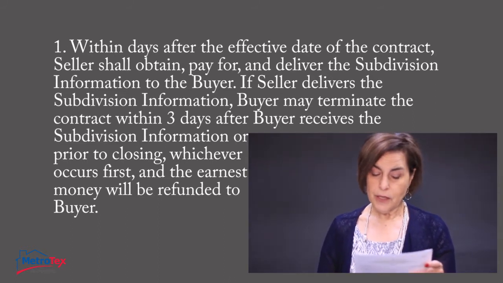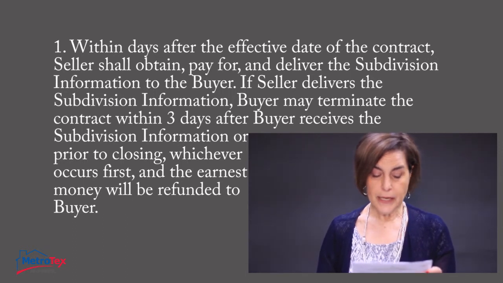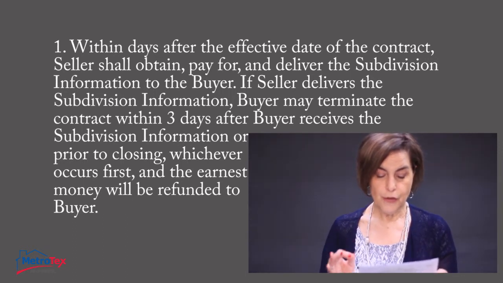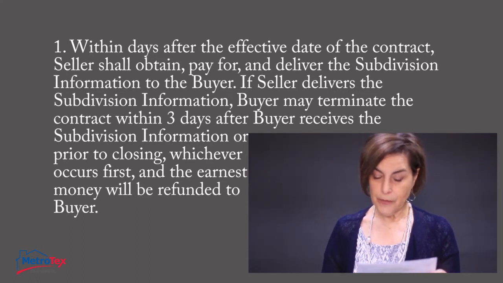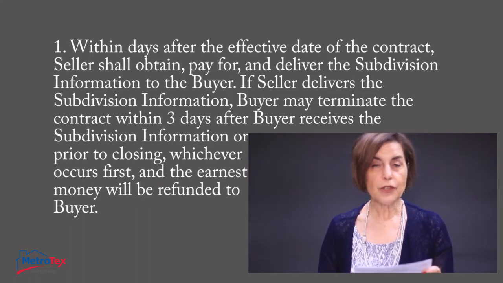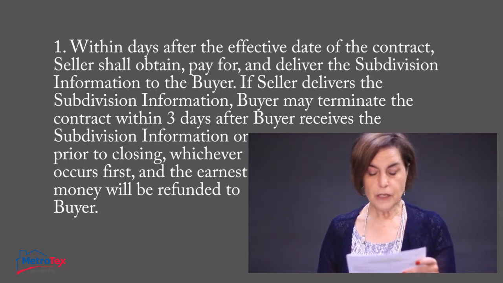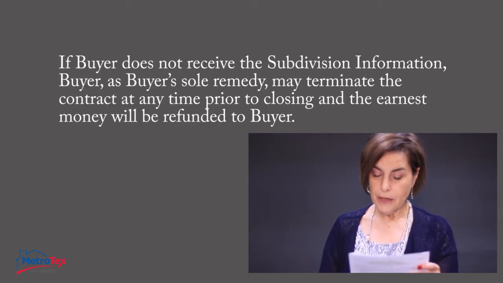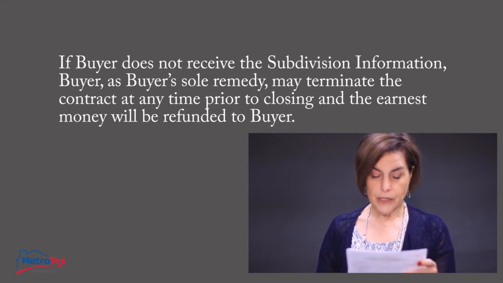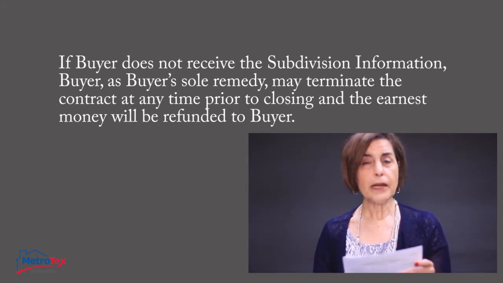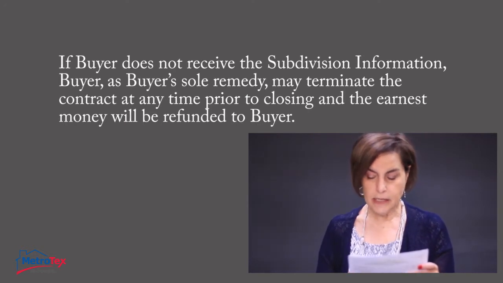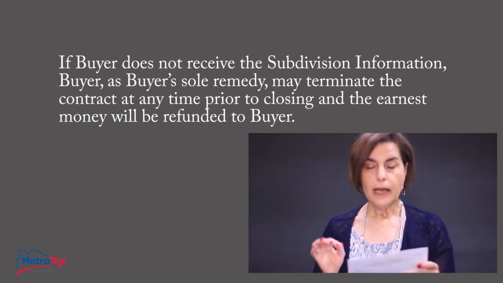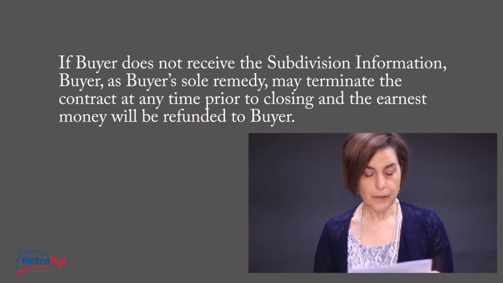If seller delivers the subdivision information, buyer may terminate the contract within 3 days after they receive the subdivision information, or prior to closing, whichever occurs first, and the earnest money will be refunded to the buyer. If the buyer does not receive the subdivision information, buyer, as buyer's sole remedy, may terminate the contract at any time prior to closing, and the earnest money will be refunded to the buyer.